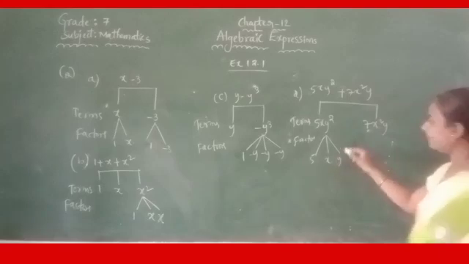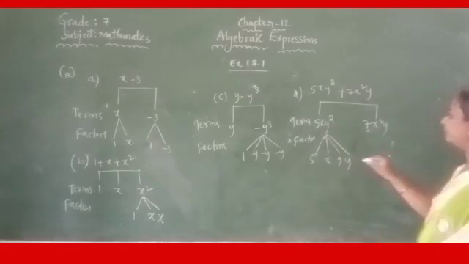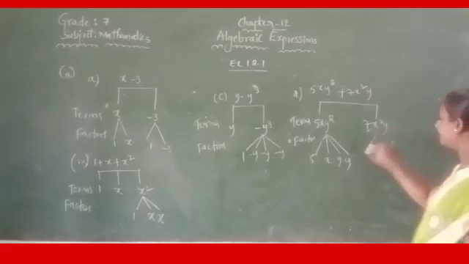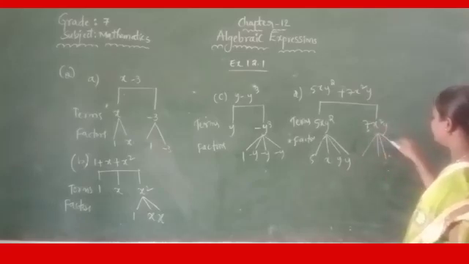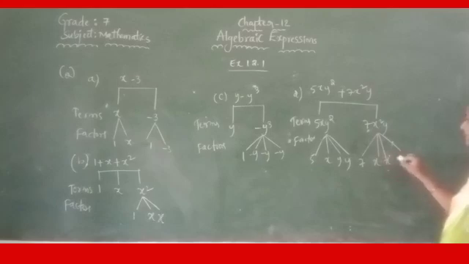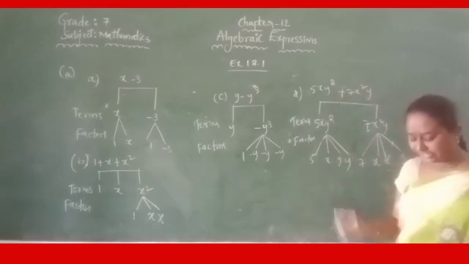Very good. Here y is multiplied 2 times: y into y. For 7x square y, the factors are 7, x square, that is x into x, and y. So like this we have to write the factors and terms of the given expression.